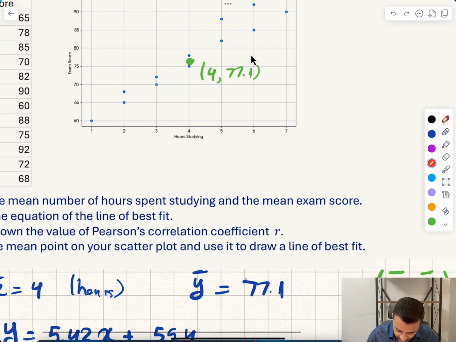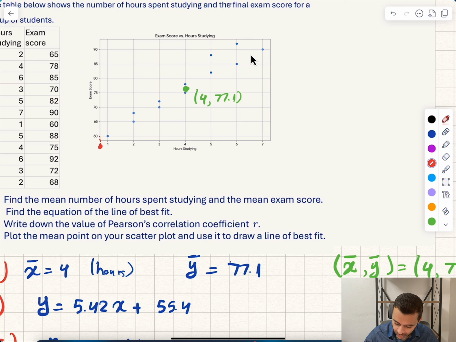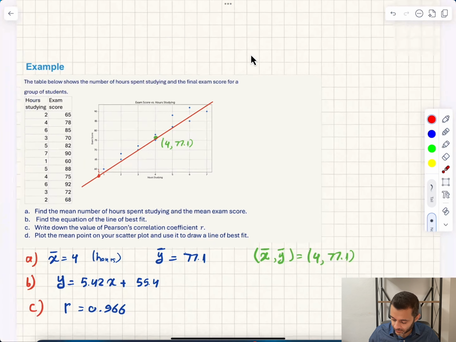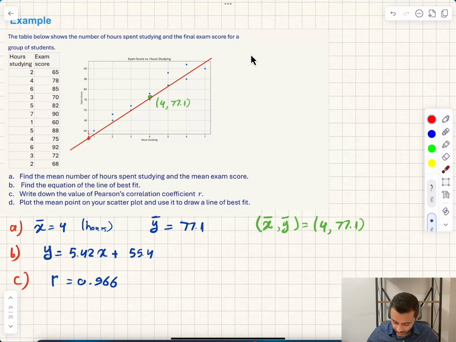Here, as you see, it's 60, so 55 would be a little bit below, somewhere here. So if we draw it now, it will be like this. So this is the line of best fit. As you see, we pass through the mean point, and here the y-intercept is 55.4. So we write now 0, 55.4.